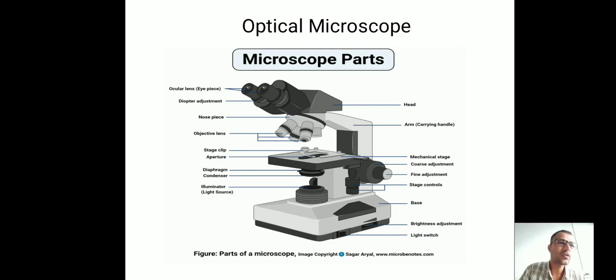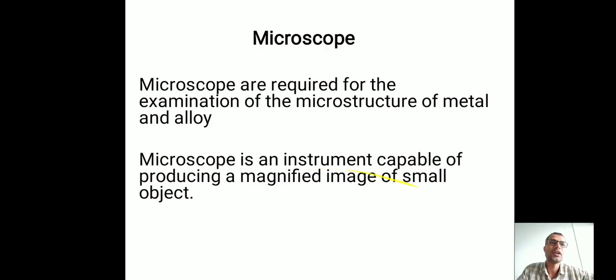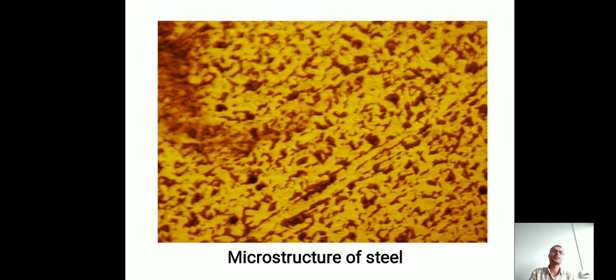It means we can zoom the internal structure up to 25x. So such a structure we can observe under the eyepiece, correct na? And it will be like this.